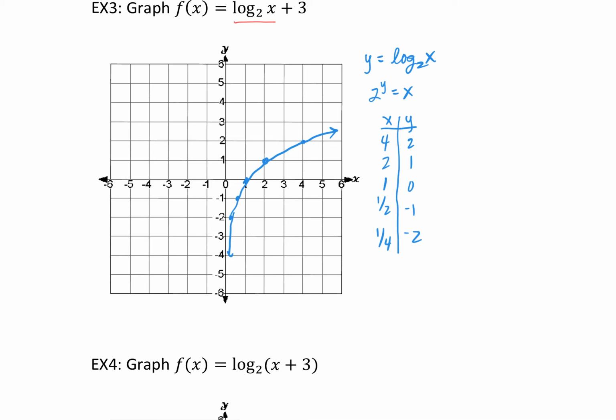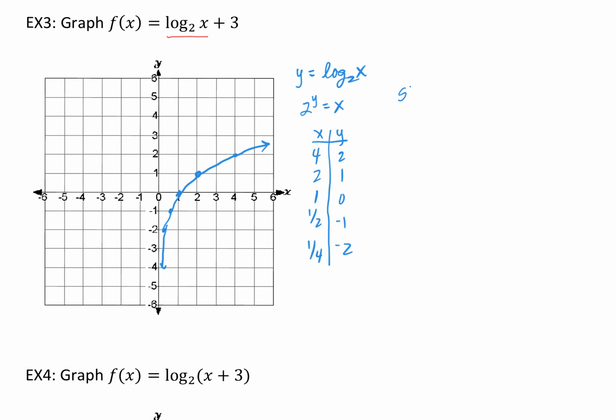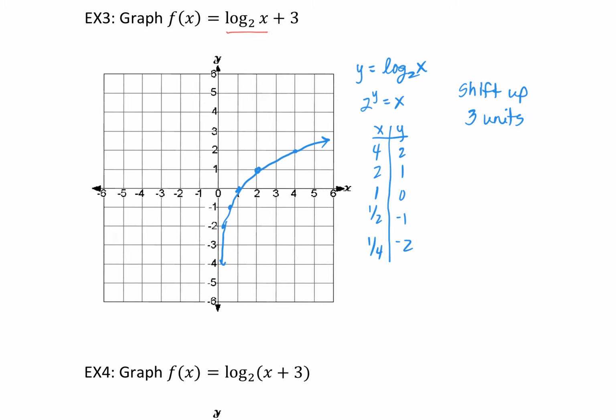And then that plus 3, we're going to go ahead and shift up 3 units. So again, this is doing exactly what we thought it would do. Maybe I will use black. So I'm going to shift up: 1, 2, 3, and then at the half, 1, 2, 3.